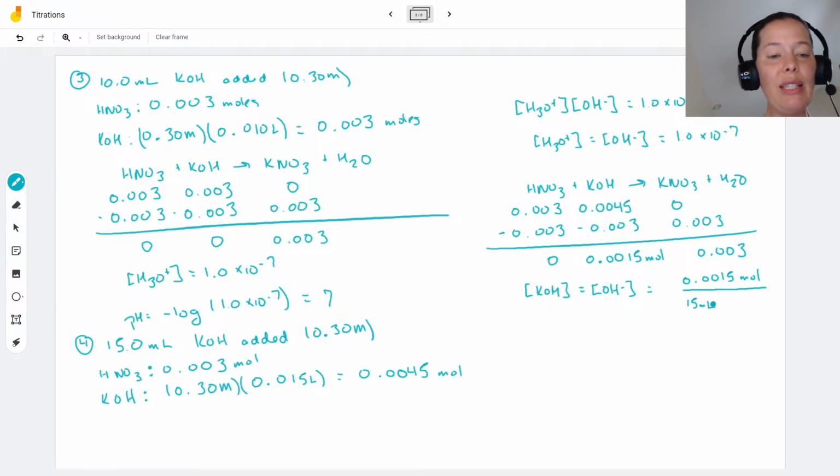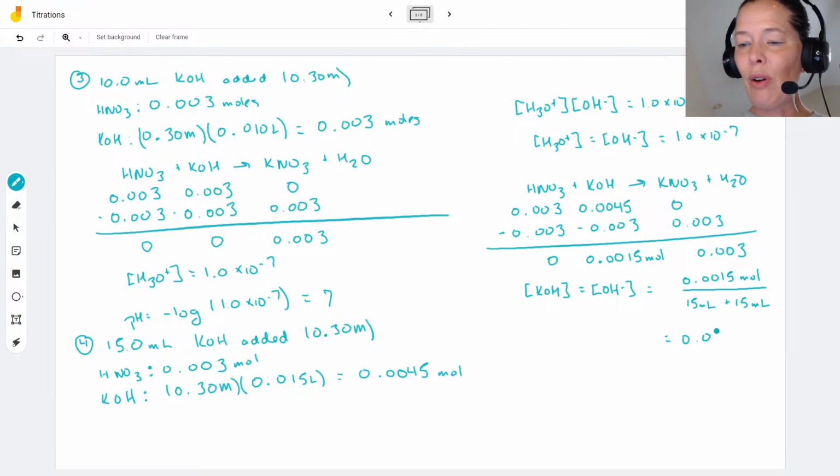And at this point in step 4, I have added another 15 milliliters of potassium hydroxide. So my total volume is now 30 milliliters. So that concentration, I did this calculation, is 0.05 molar. Now again, when you do this, make sure you convert these milliliters into liters for your concentration. Sorry, that is the concentration of my hydroxide.